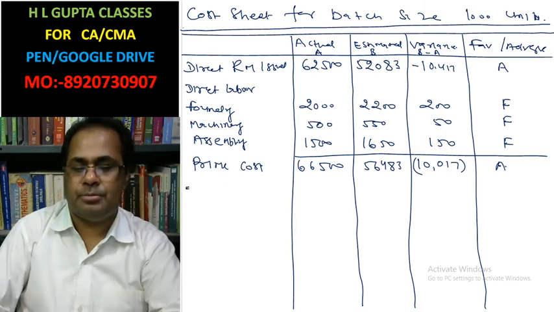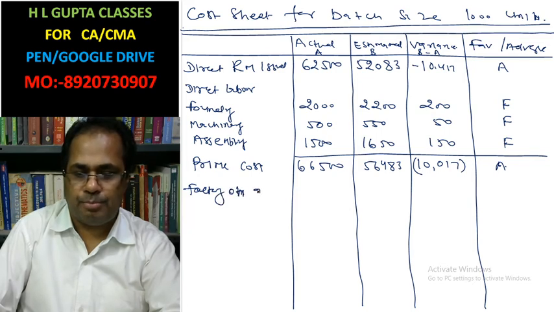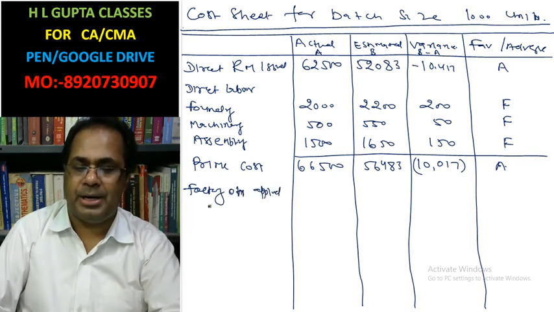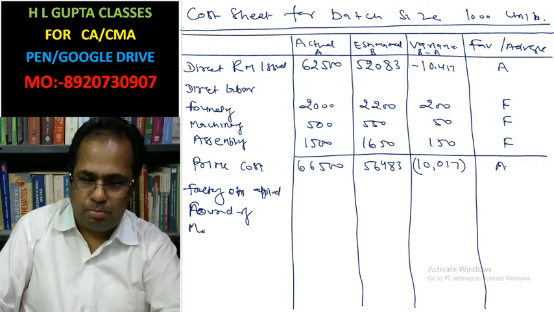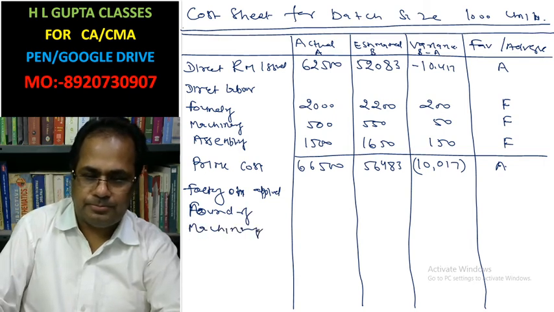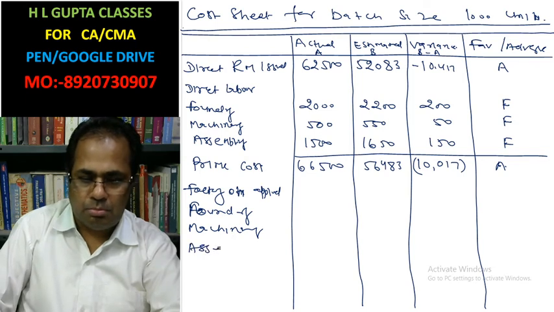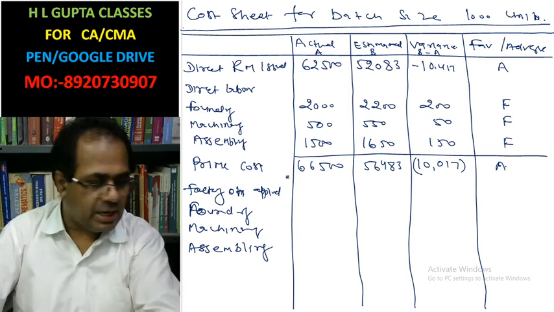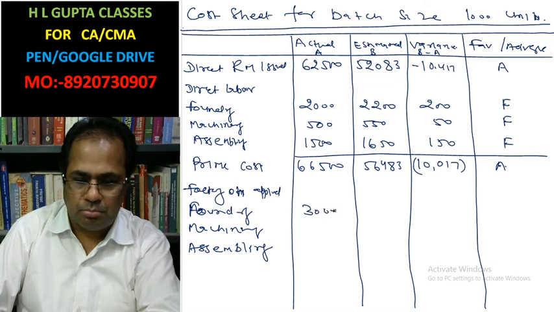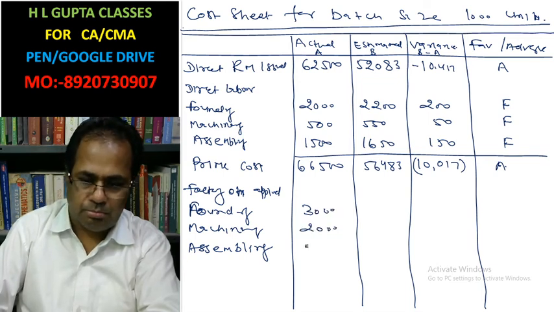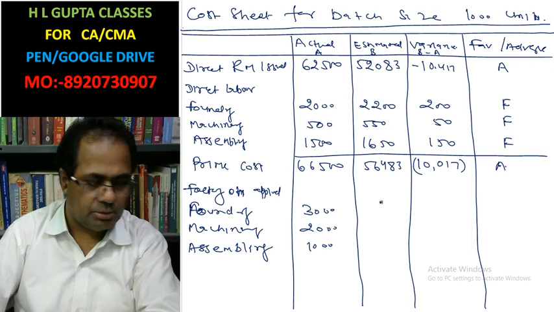Factory overhead applied again: foundry, machinery, assembling. Actual 3,000, 2,000, 1,000.